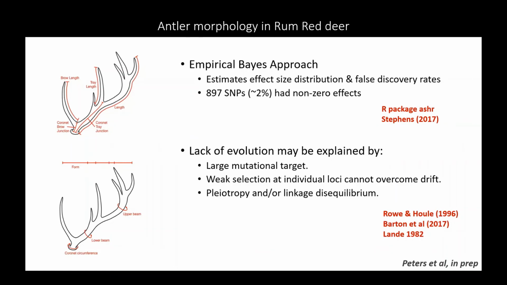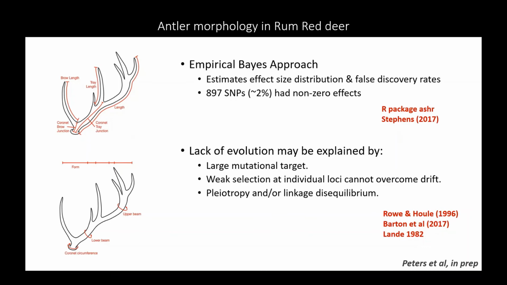So there could be more opportunities for new mutations to arise in these loci and therefore maintain the genetic variation that we see. It also may be that because selection is distributed across so many loci, the selection at a given locus is weak, and this actually cannot overcome the effects of drift within this population. So really it's only when selection is very strong at individual loci that we can actually see this change.